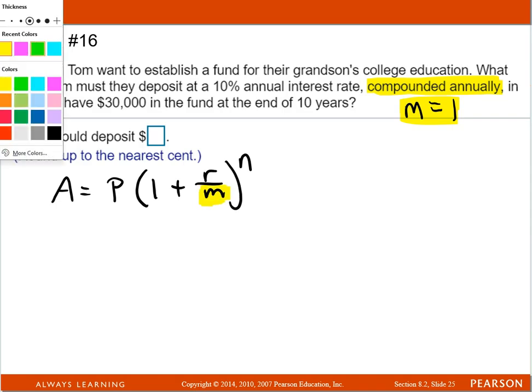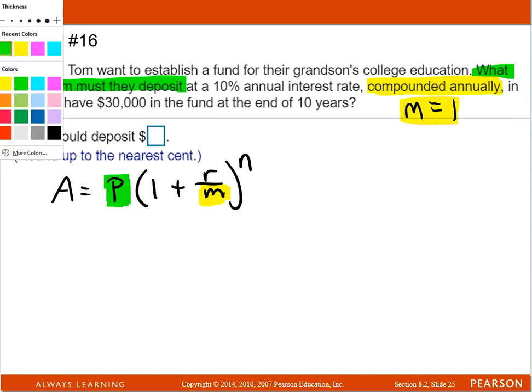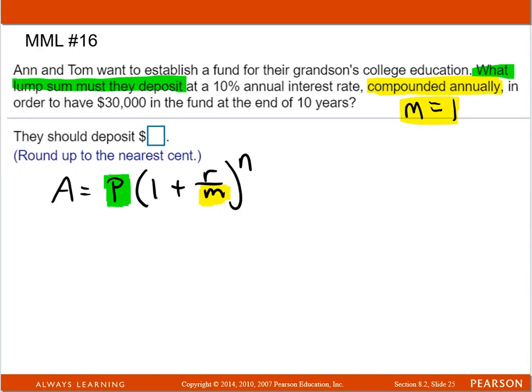And let's see, where's the principal? That's what we're looking for. What lump sum must they deposit? That's what the principal is. That's the money you're depositing. At a 10% annual interest rate. So that's our interest rate, but we'll use 0.10. And then n, remember n is going to be m times t.